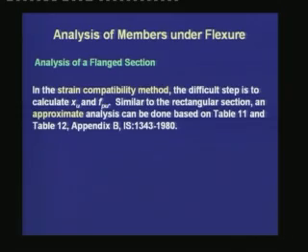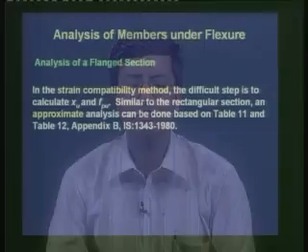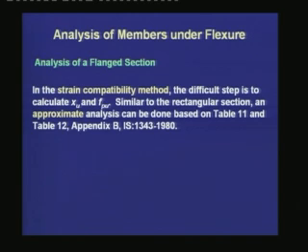Now, if we want to bypass this method, the code allows us a simpler method which is similar to the approximate analysis for a rectangular section. This analysis is done based on table 11 and table 12 of appendix B of IS 1343-1980.